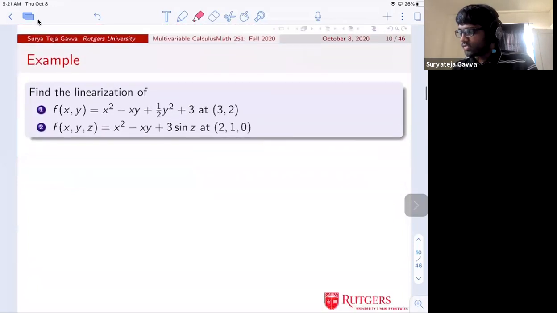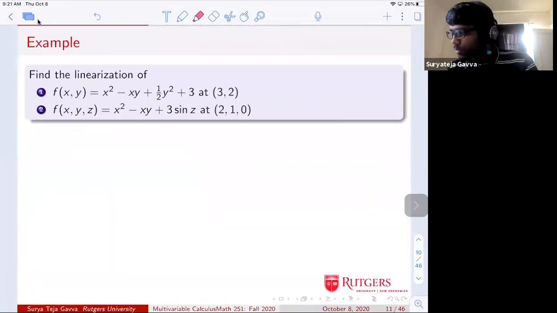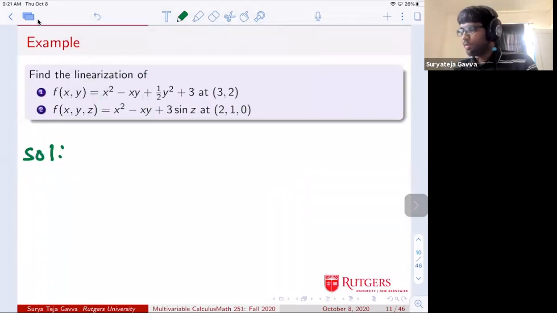Okay, so let's see. Can you tell me what is the linearization of f of x, y here?